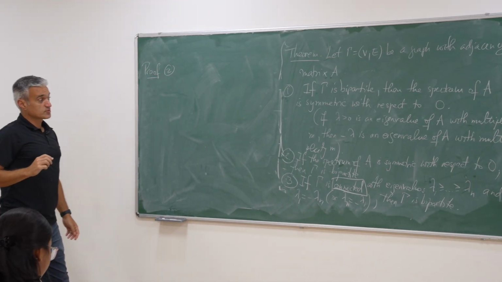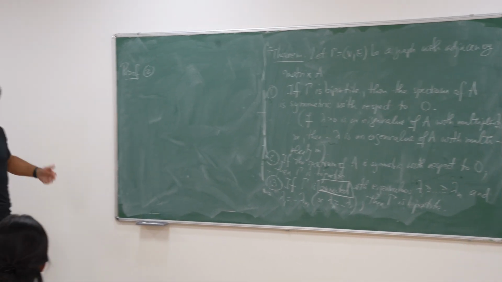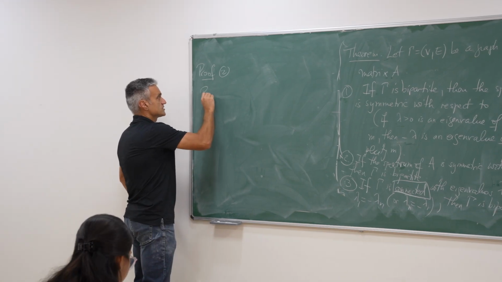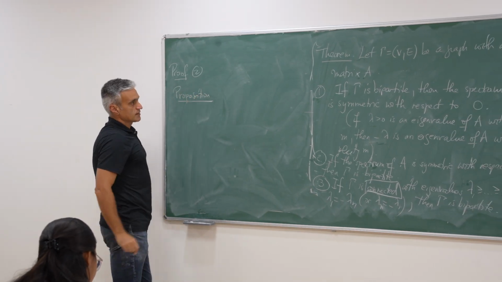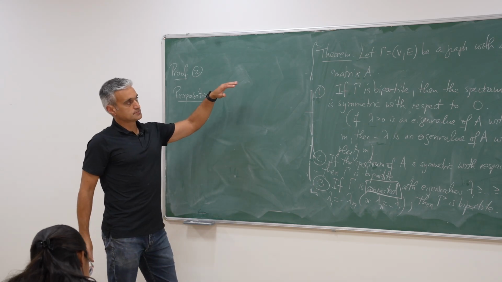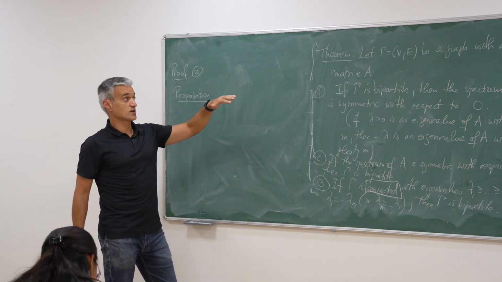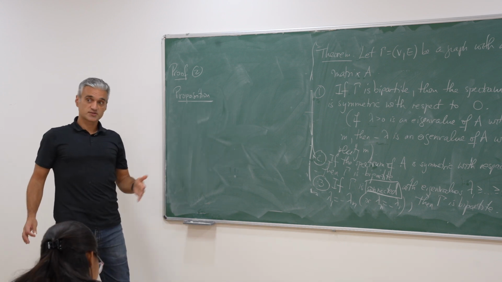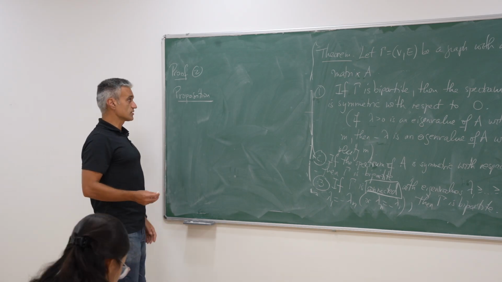For the proof of 2, I will use a result that I already used, but I'll state it now more formally. So I will use this fact, proposition, that if we are under the same hypothesis that Gamma is a graph with adjacency matrix A, then the powers of the matrix tell you something about the number of walks in the graph. You're probably familiar with this.